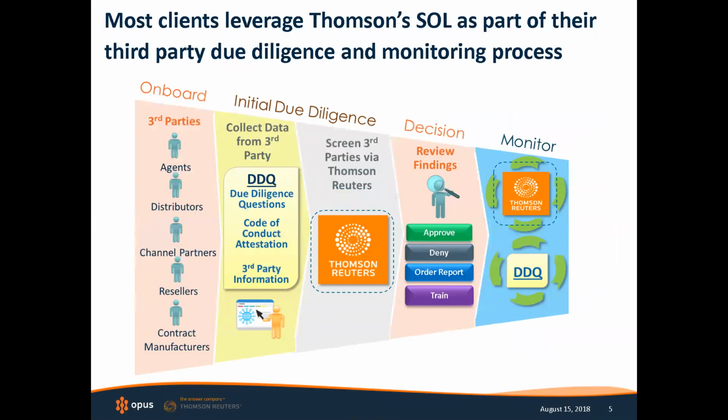A typical process that our customers using this joint platform have deployed has been depicted in this slide. Essentially, you have some mechanism to onboard a third party. You do some initial due diligence. You screen your third parties against Thomson Reuters, and there is a decision that needs to be made after reviewing the findings of the due diligence, for which you would use either an external-facing questionnaire that is sent out to the third party, and you may do an internal questionnaire as well.